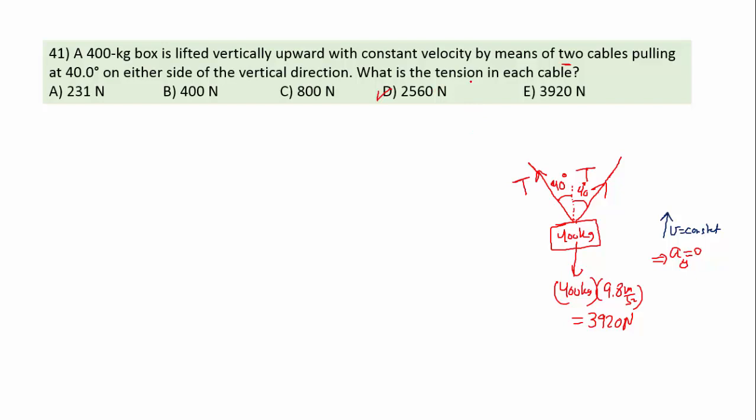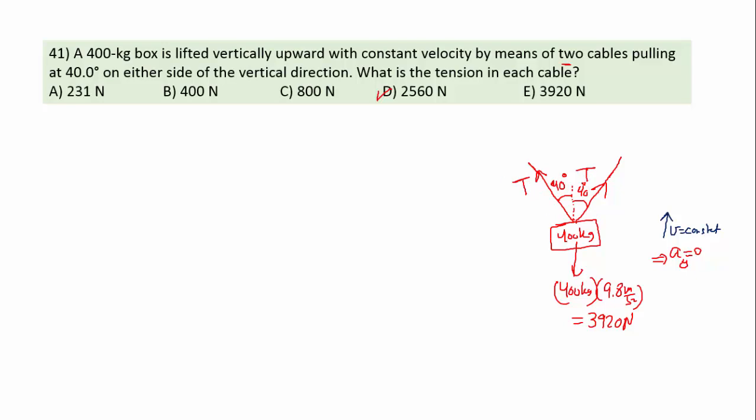Okay, so the question is, what is the tension in each cable, assuming that the tension is the same. We can prove that it's the same if we apply Newton's law in the x direction. T cosine 40 in the positive x and T cosine 40 in the negative x sum to 0 since there is no acceleration in the x direction, which means they balance each other, so the tension has to be equal.